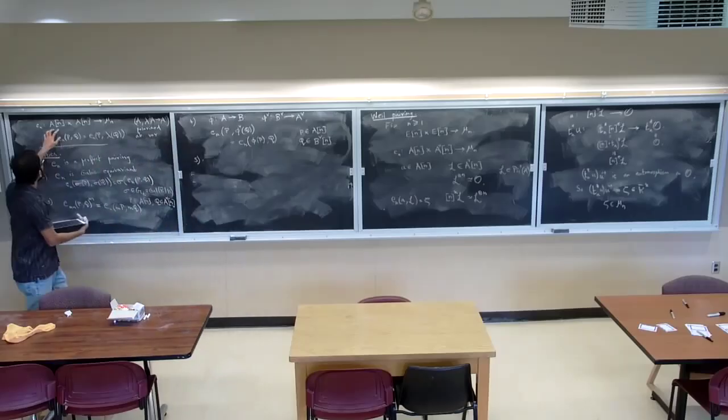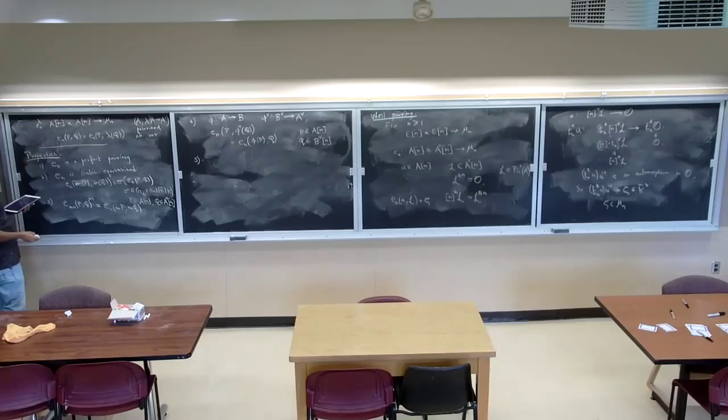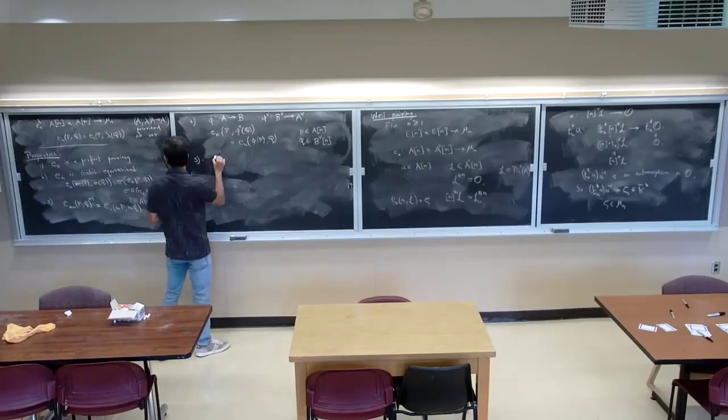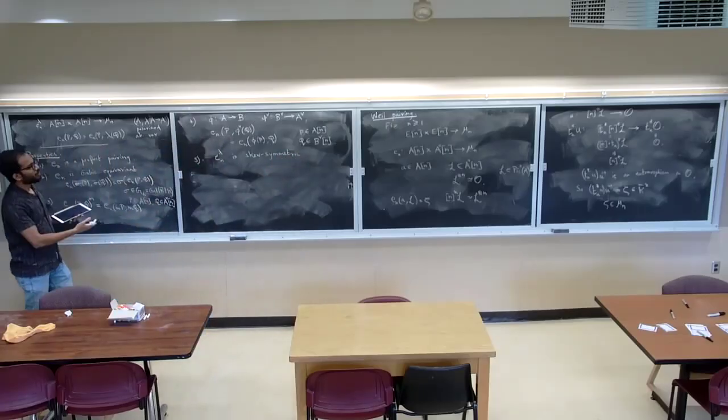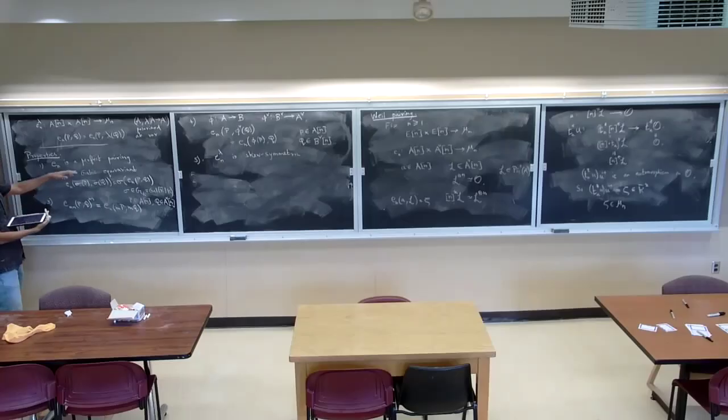Now, if I look at the induced, maybe I should call it, with respect to this polarization, if I look at this pairing, that is skew symmetric. So if I flip the coordinates, my root of unity gets inverted.